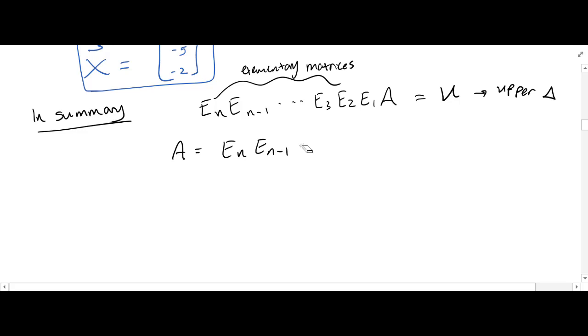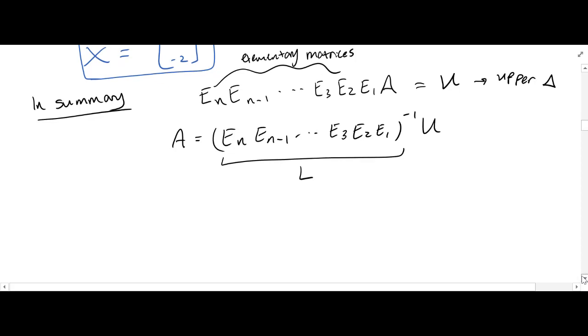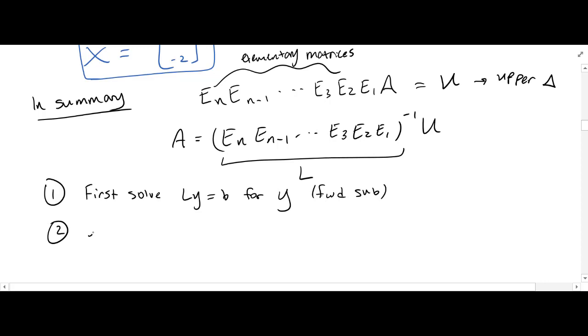Which means that A is equal to the inverse of the product of all the elementary matrices times U. And so the inverse of the product of the elementary matrices gives you L. And then when you solve AX equals B, you first solve Ly equals B for Y using forward substitution, then solve Ux equals y for x using back substitution.